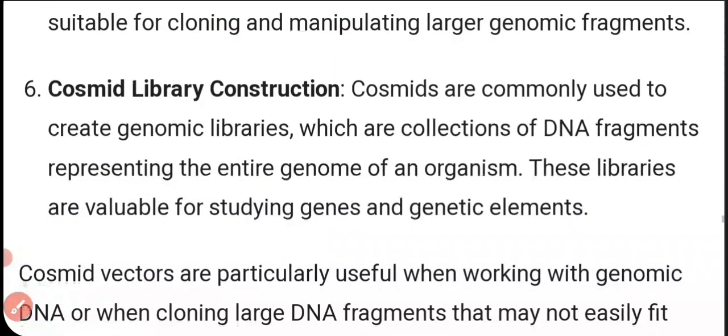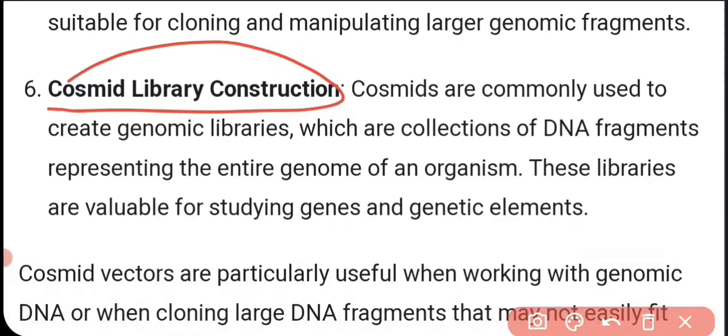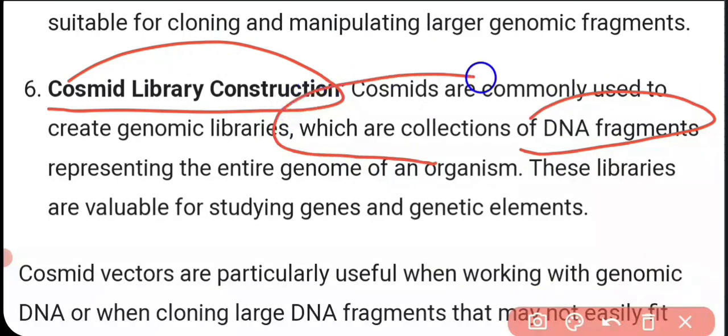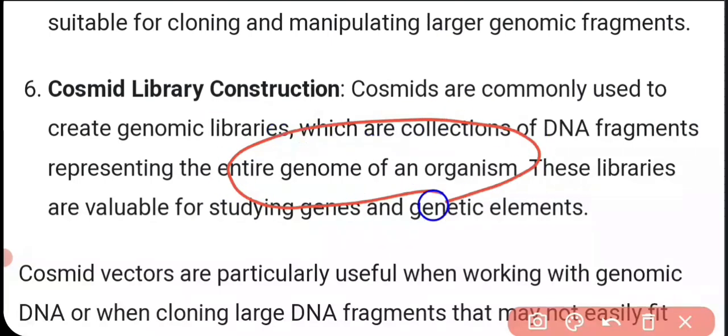It can also help in the development of a cosmid library construction, where we can use big DNA fragments and make a collection of the entire genome of an organism. The entire genome of an organism can be collected and made into libraries.